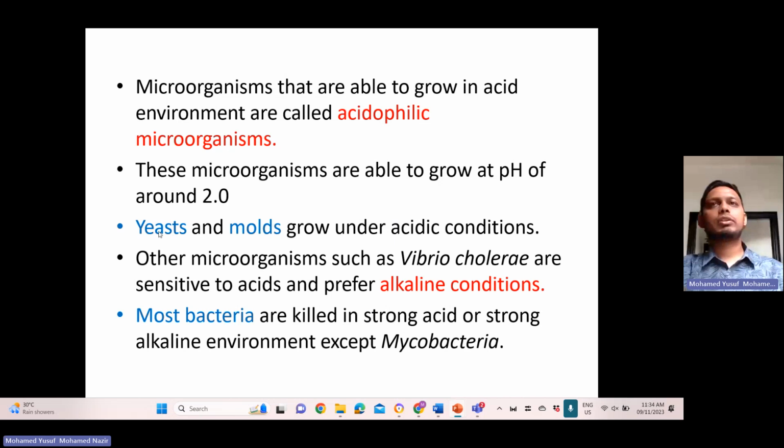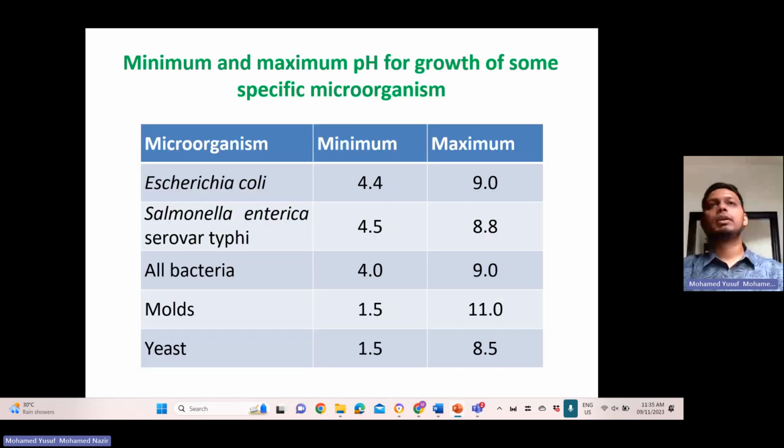For example, yeast and mold can grow under extreme acidic conditions, whereas Vibrio cholerae is sensitive to acid and prefers alkaline conditions. Most microbes can be killed with a strong acid or strong alkaline environment, except for the mycobacteria. So we cannot use a pH control strategy to inhibit the growth of the mycobacteria, and we need to use other techniques.